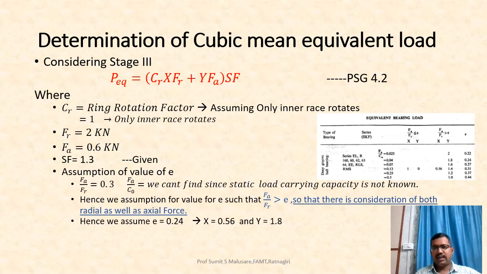As per the standards, assume the value of E less than the value of FA by FR, so 0.3. So I can go for 0.27, 0.24, 0.22. As per the previous suggestions, don't go for the extreme value, go for an intermediate value. I have considered E equal to 0.24. So the corresponding values are X equal to 0.56 and Y equal to 1.8. So P equivalent 3 comes out to be 2.86 kilonewtons.